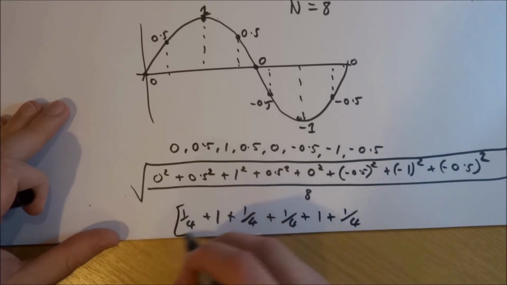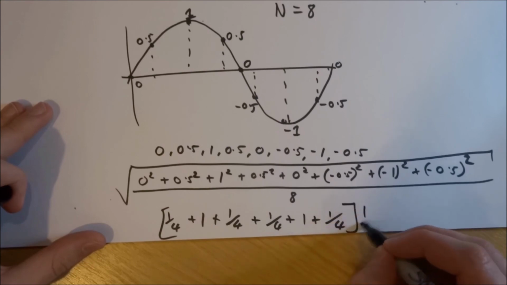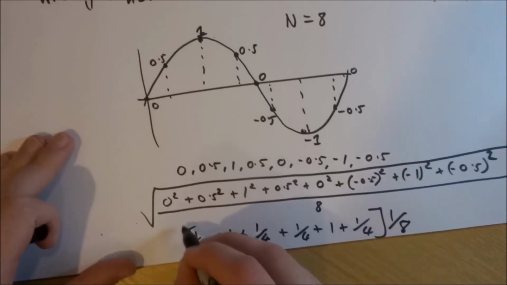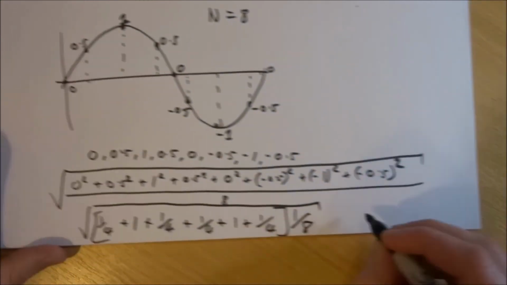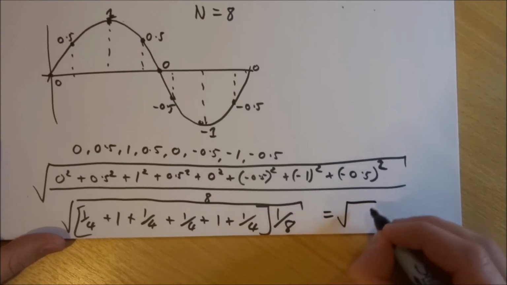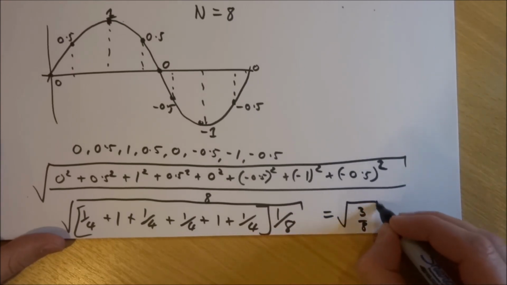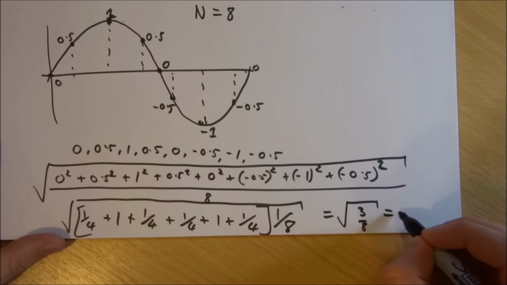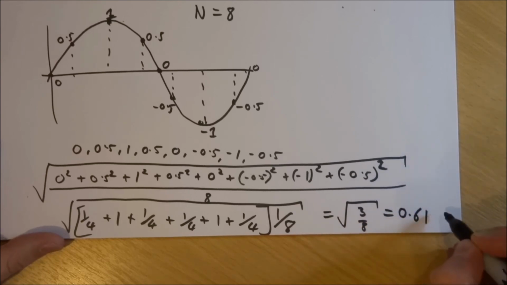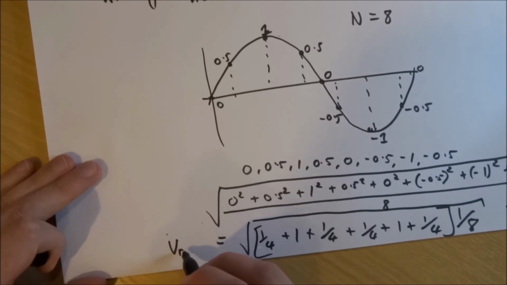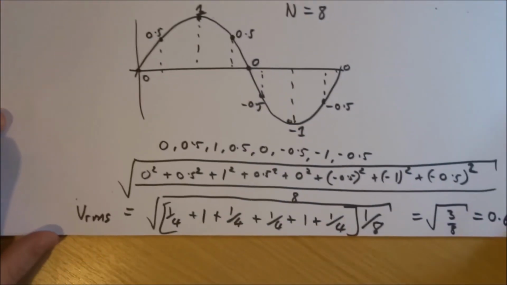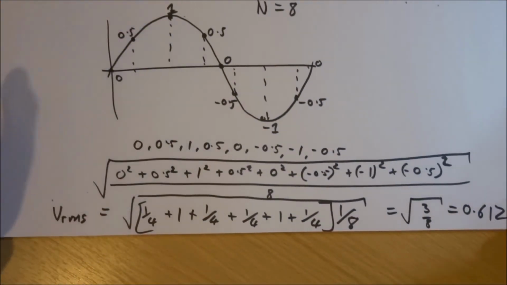And then all of that is divided by 8 and then square rooted. So that becomes the square root of 3 over 8, which is equal to 0.612. And this is our RMS voltage of that waveform.